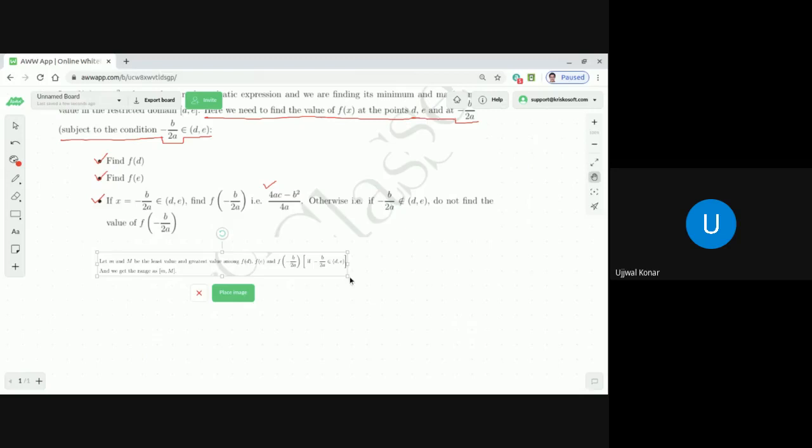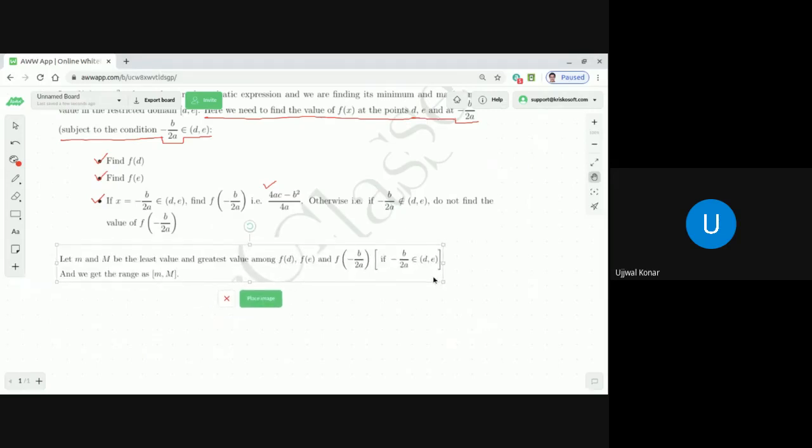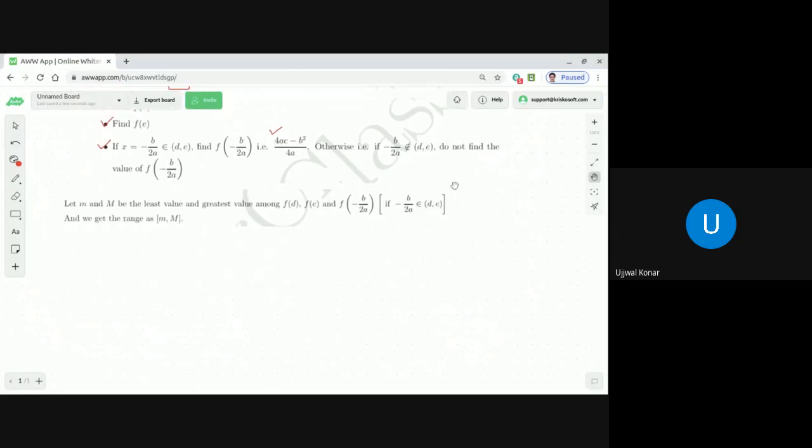So what we are getting here, dear students, is let lowercase m and uppercase M be the least value and greatest value among f(d), f(e), and f of minus b by 2a, if minus b by 2a belongs to the open interval d comma e, and the range of the values becomes lowercase m to uppercase M. So how does the curve look like? Let us have a look into it. The curve will look something like this. First, let me draw the coordinate axis.